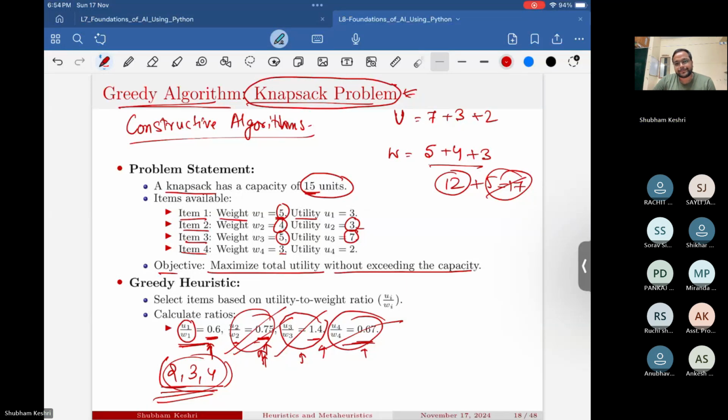Any doubt? Why is it called heuristic? So over here we are getting a solution, but we cannot prove that this is an optimal solution.